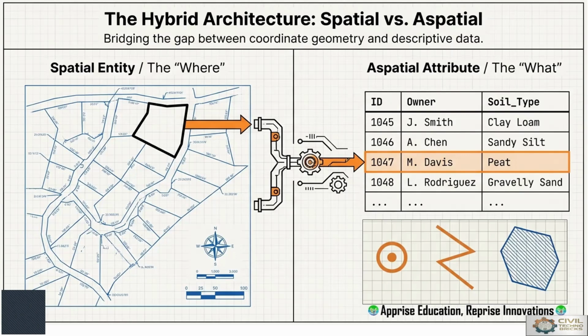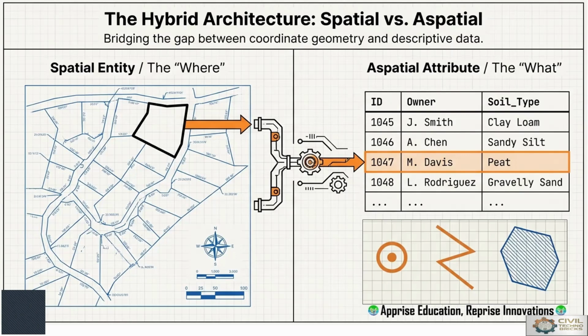Database management system, which is a critical intersection of technology where the integration of data or the management systems with geographic information system work together. In the world of civil engineering, we are moving away from isolated CAD files and towards integrated data environments.